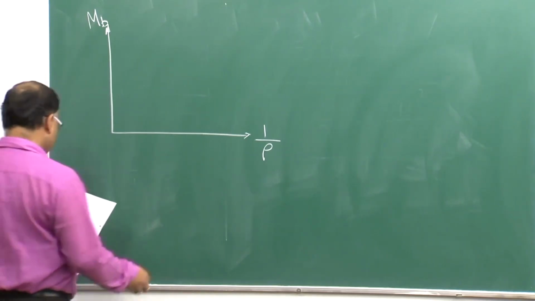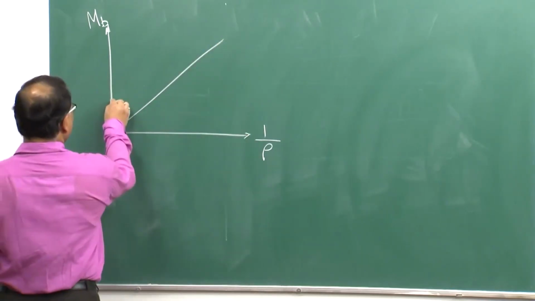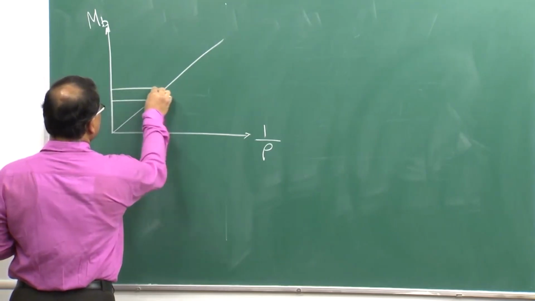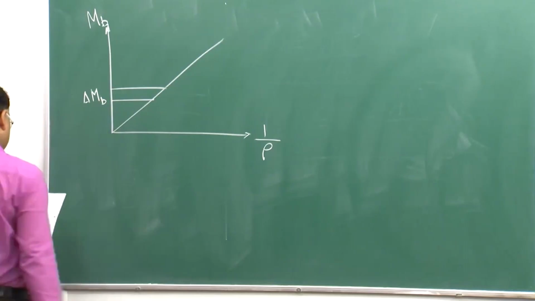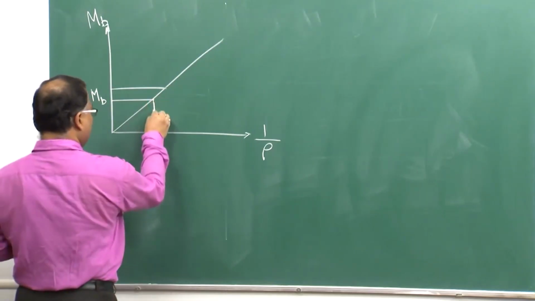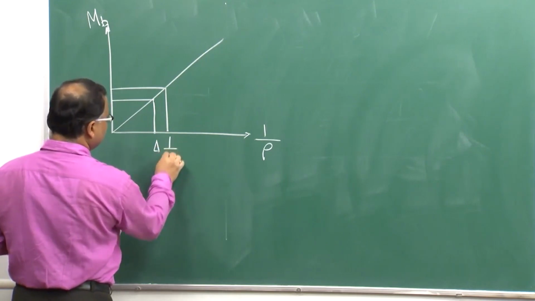So, this is your linear elastic system. If you apply an incremental bending moment delta Mb, you will get some incremental change in 1 by rho.